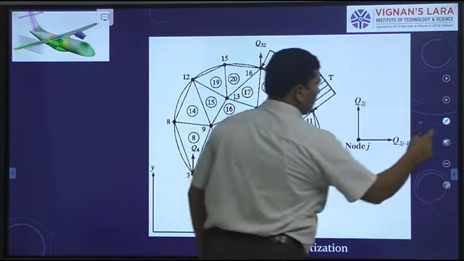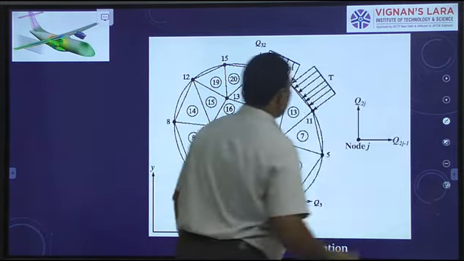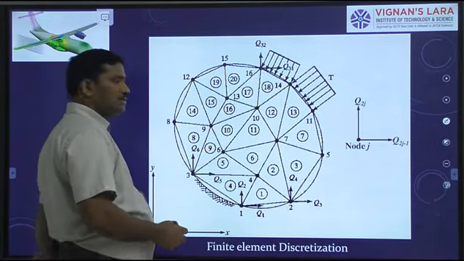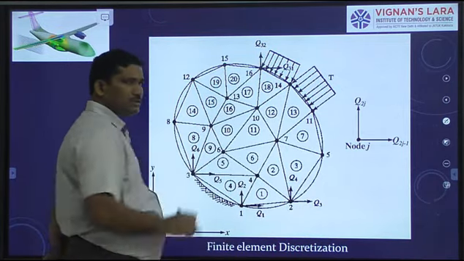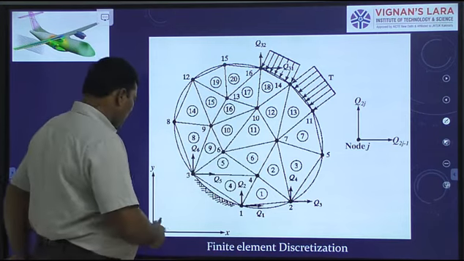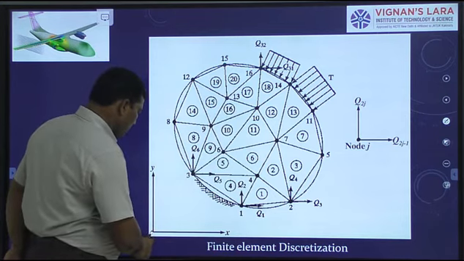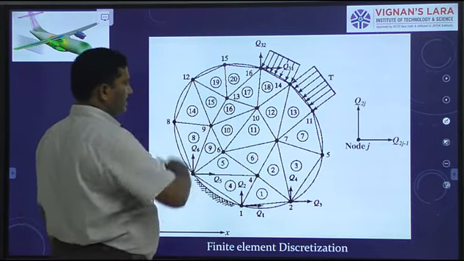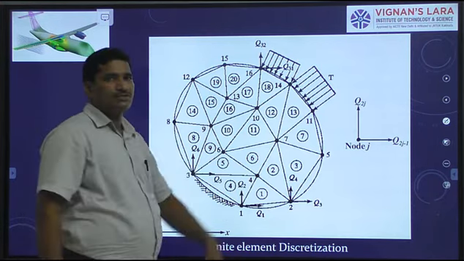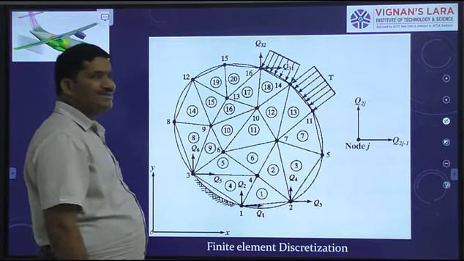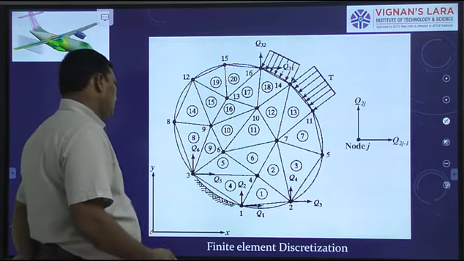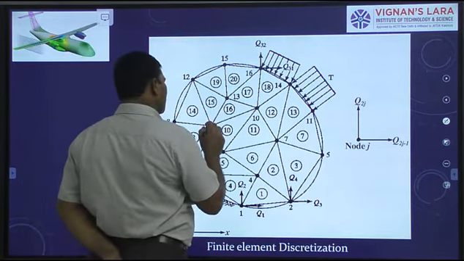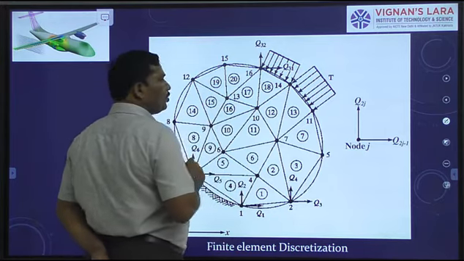Here we have a two-dimensional domain. The domain is defined with respect to the established reference frame OXY. Now observe carefully. The entire domain is discretized into several straight-sided triangles. All the triangles meet at common points known as nodes.